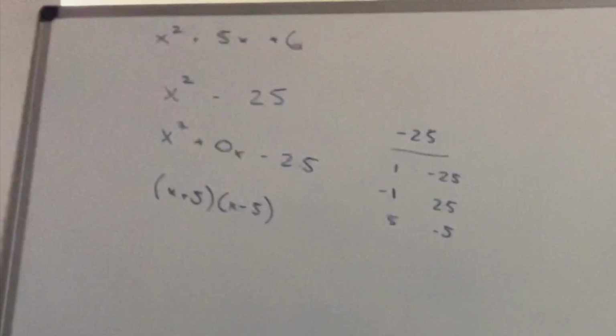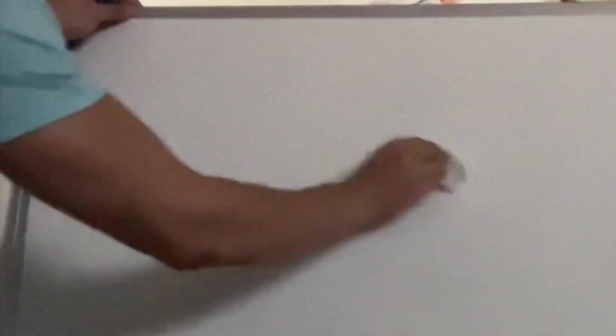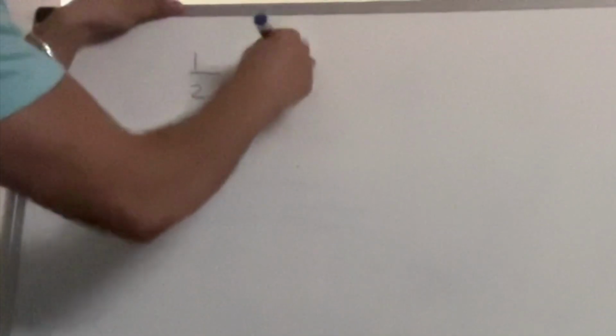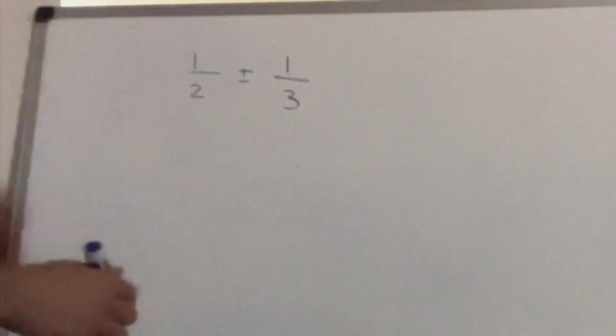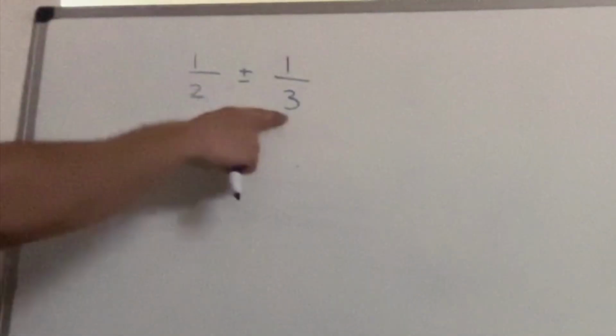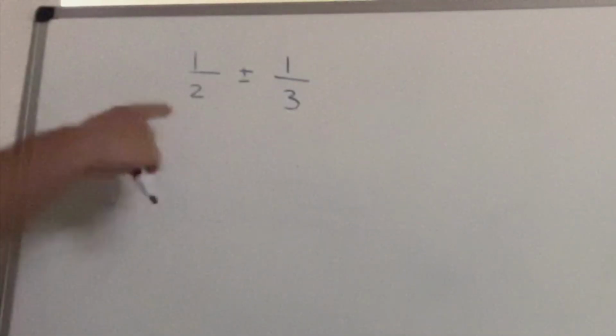Okay, let's go on to fractions. When adding or subtracting fractions, so I'm going to put plus or minus, the base of the fractions have to be the same, which is also called the denominator.